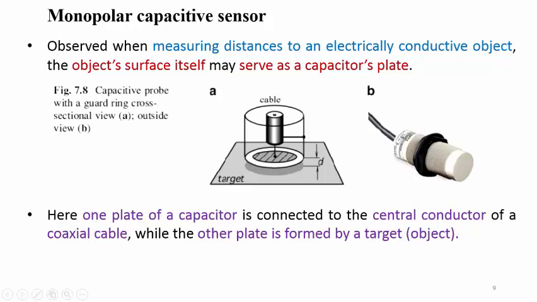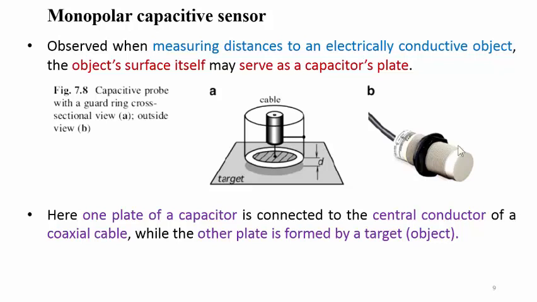The next type of capacitive sensor is the monopolar capacitive sensor. It is used when measuring the distance to an electrically conductive object, where the object surface itself may serve as the capacitor's plate.